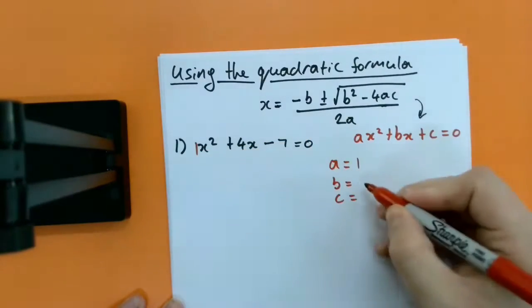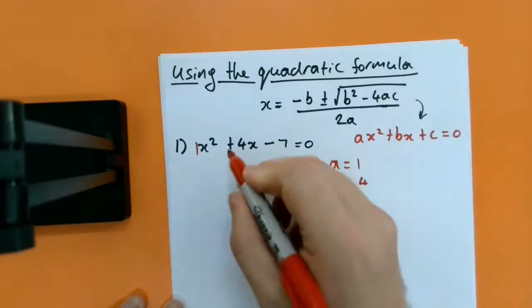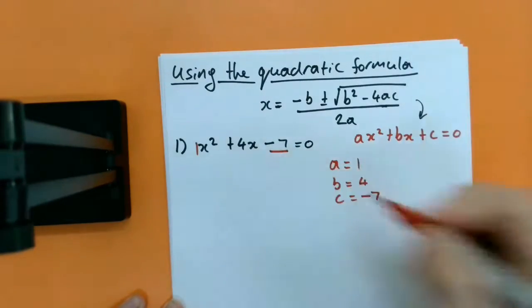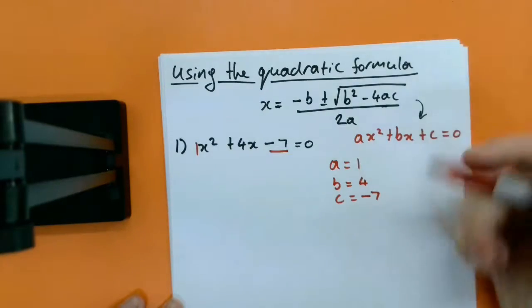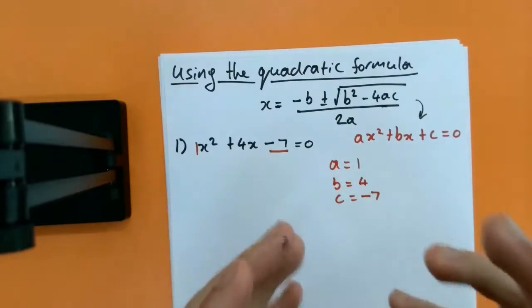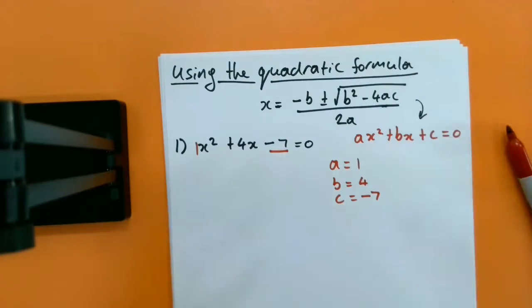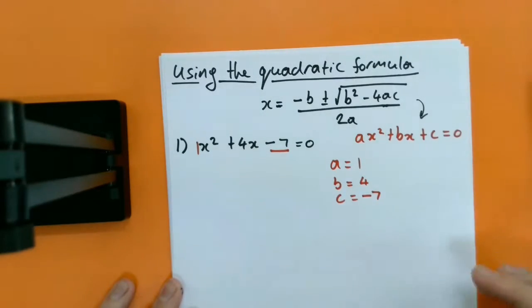B is equal to 4, that is the coefficient of the x term, and c is equal to negative 7, that is our constant term. Please remember to include the negative. You can think of it as being attached to that 7. It's an easy mistake to forget it, and then it'll mess with your answer a little bit. Okay, so let's jump into actually calculating this.